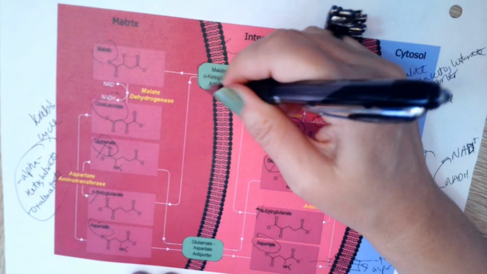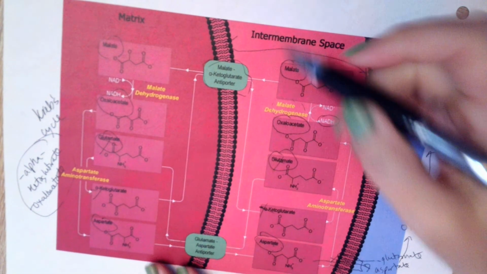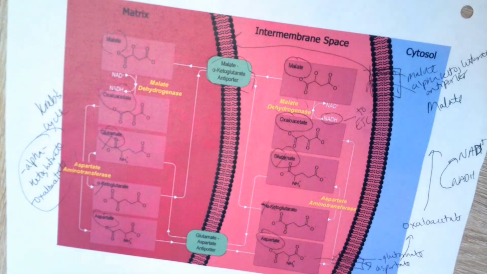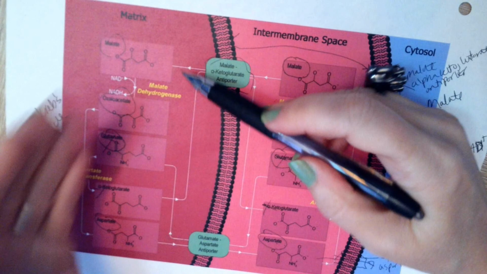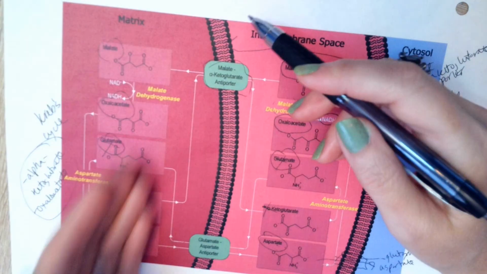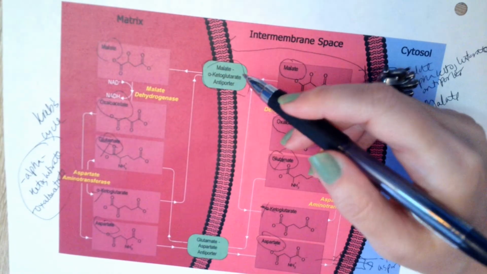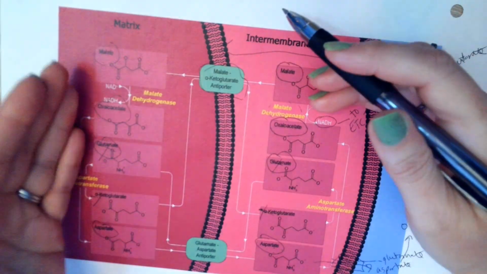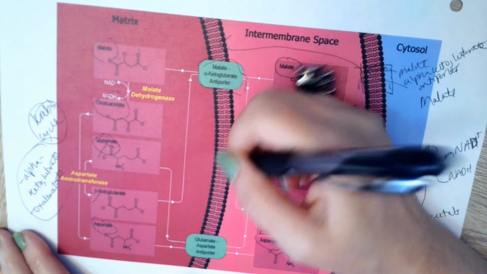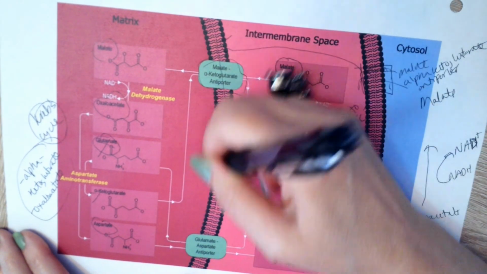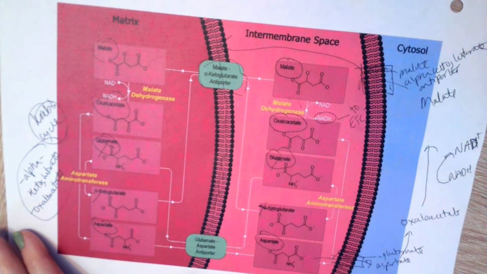We also have that in here on the inner membrane. So it's just a repeat of this shuttle happening again in the inner mitochondrial membrane, so that we can get the whole process inside the matrix where we have the Krebs cycle, we have the electron transport chain on the inner cell membrane.